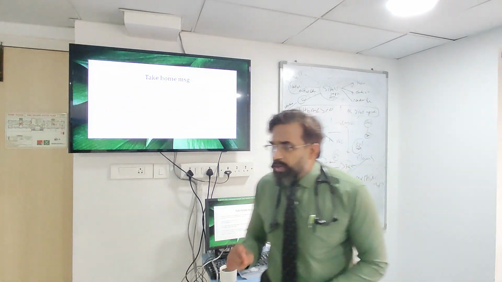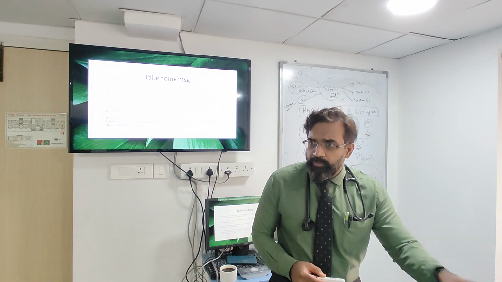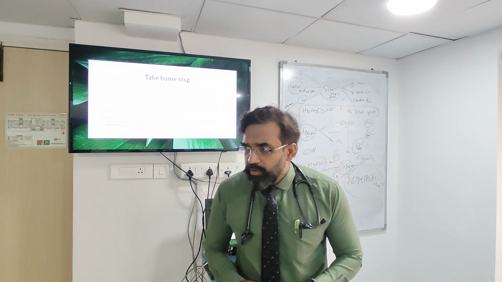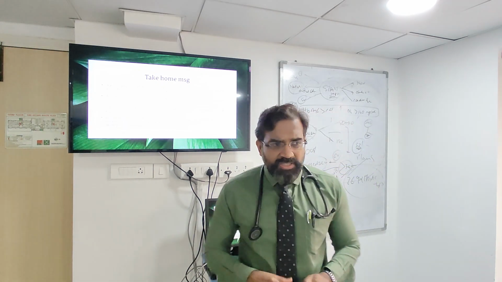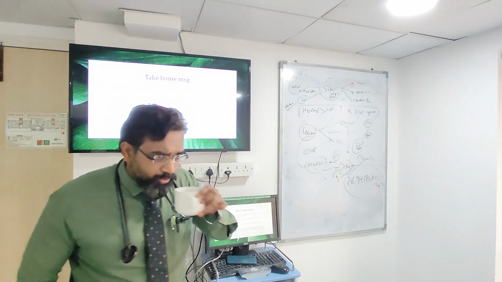This ratio is linked to multi-organ dysfunction syndrome if it is more than 1.14. So this is something you can do, which can tell you whether this patient can go into multi-organ dysfunction syndrome.